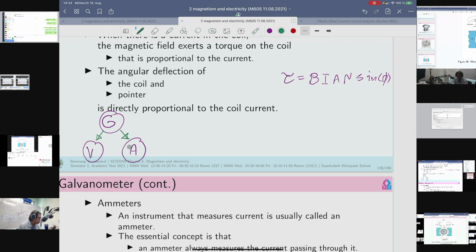So you may guess that the ammeter is the device used to measure the current. Ammeter is used to measure the current.